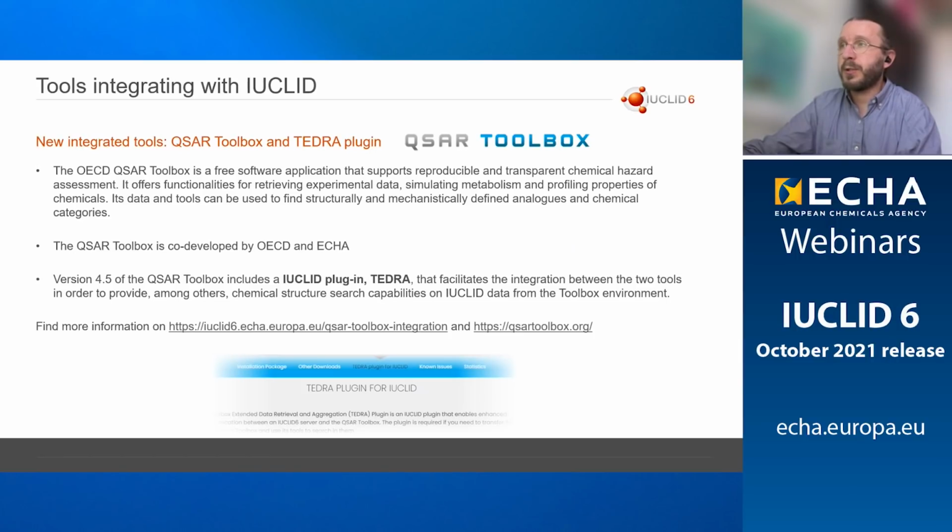This QCL Toolbox now integrates a Euclid plugin called Tedra that facilitates the integration between the two tools and the transfer of key information about the chemical identity, but also other data. So with this plugin and this mechanism, you can use the QCL Toolbox with your Euclid data. You can find, again, more information on the QCL Toolbox website and the Euclid website.